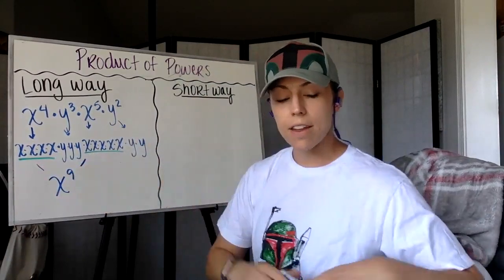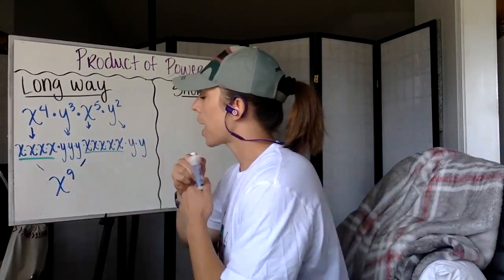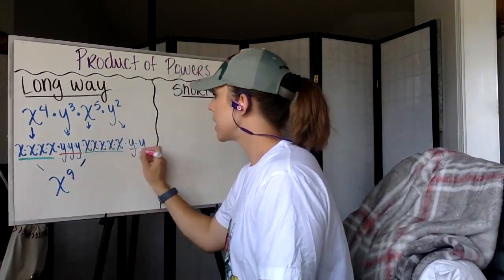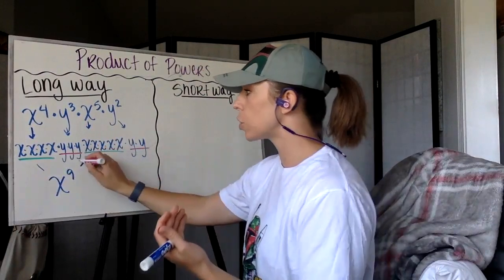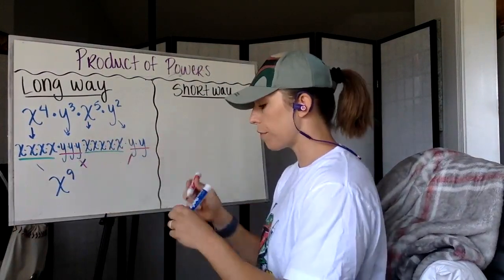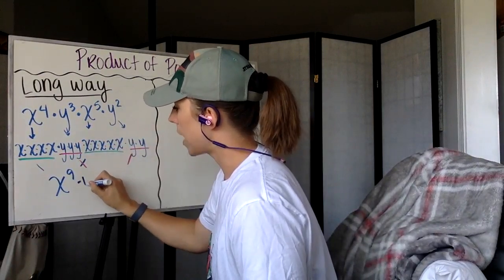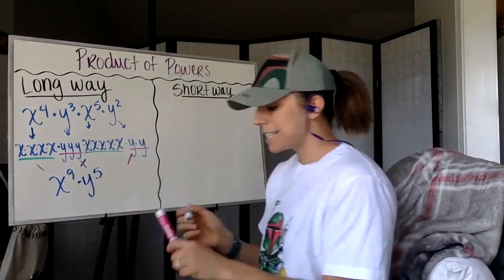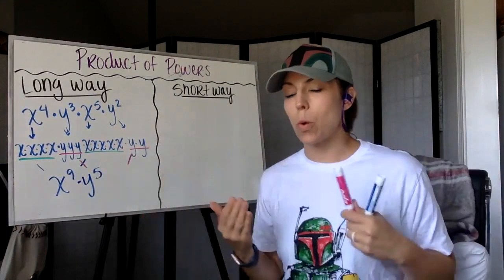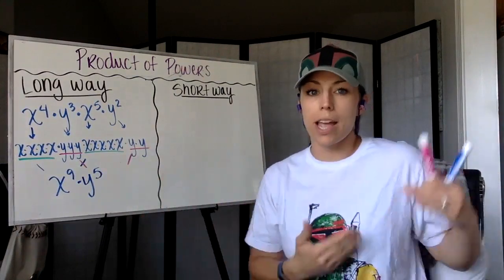And for the y's, I'm multiplying y by itself 3 times here and 2 times there, so that's a total of 1, 2, 3, 4, 5. So that's y to the 5th. And I can't say that x times y equals y or x times y equals x.